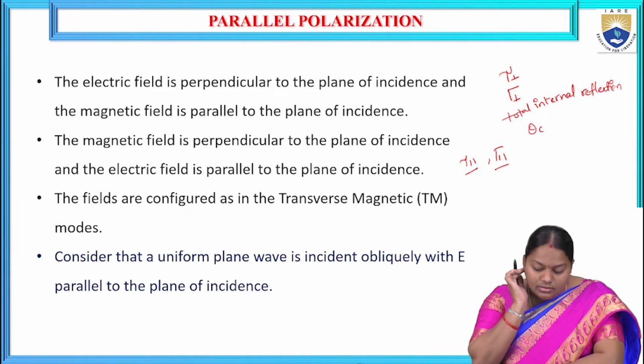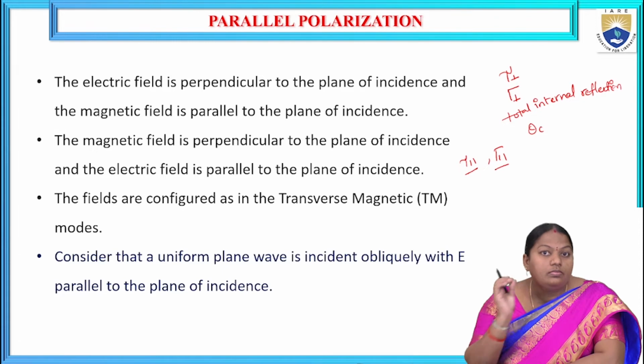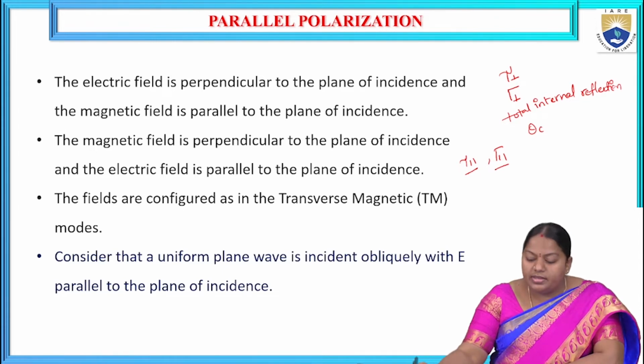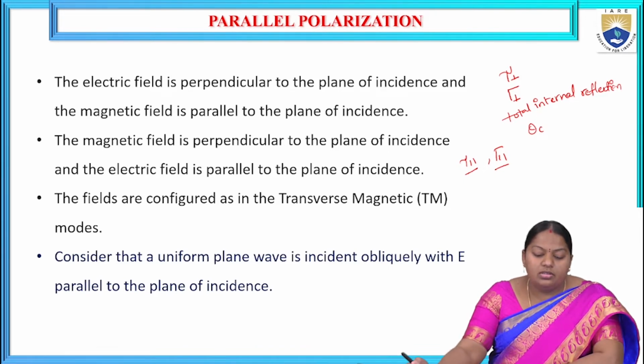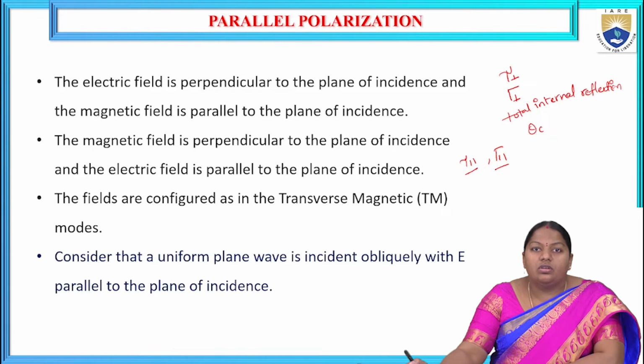In order to write the mathematical equations for these coefficients, firstly, we need to see how the electric field is parallel or perpendicular to the plane of incidence, and depending upon that, how the waves are called.